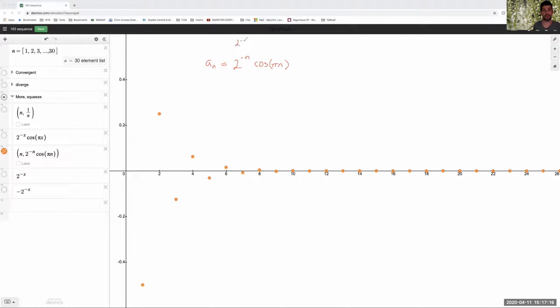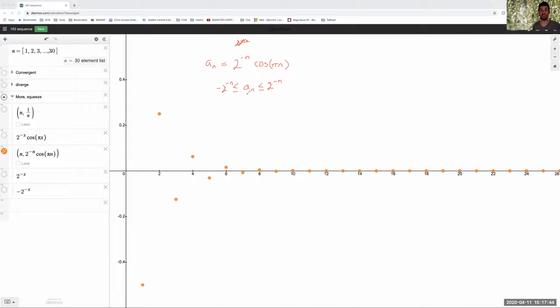A sub n is trapped between 2 to the negative n. It can never be any bigger than this because this can never be bigger than 1. And it'll always be above -2 to the negative n, right? It'll either be equal to one of these or it'll be above this one and below this one.